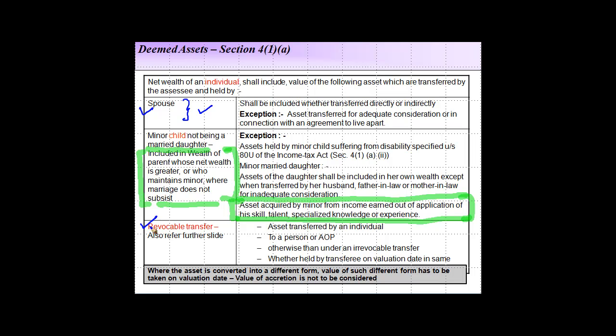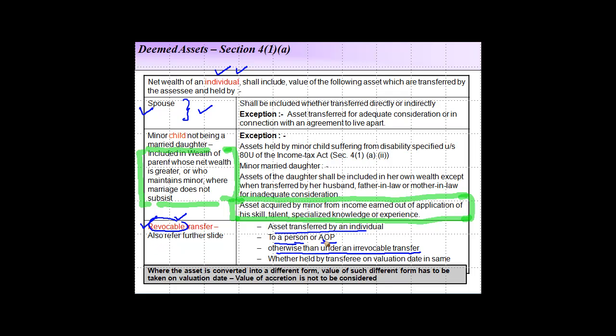Revocable transfer. So suppose this individual makes a revocable transfer. Then what happens? Asset transferred by an individual to a person or AOP otherwise than under an irrevocable transfer will be taxable in the hands of the individual. Again, what do you mean by revocable transfer? We will discuss in a subsequent slide.